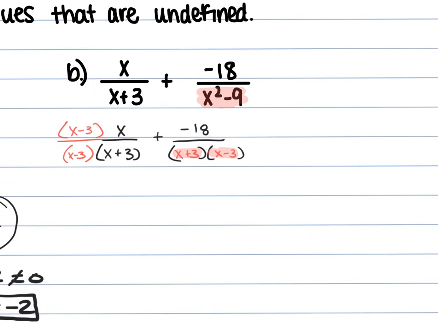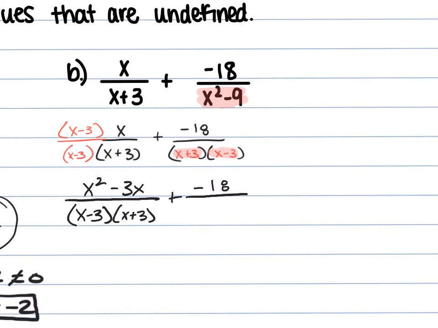So when we do that multiplication, we're going to get x times x is x squared, and x times negative 3 is negative 3x, all over x minus 3, x plus 3. X plus 3, x minus 3.